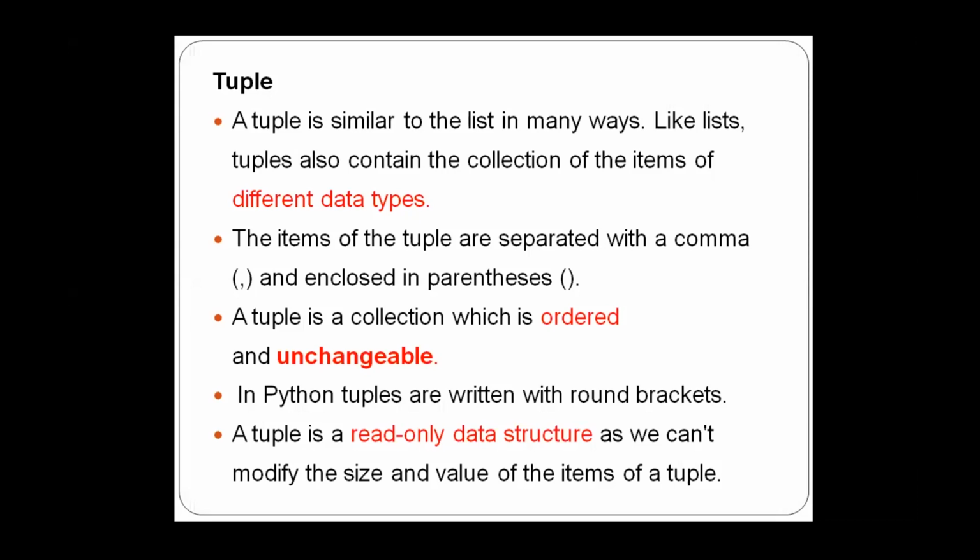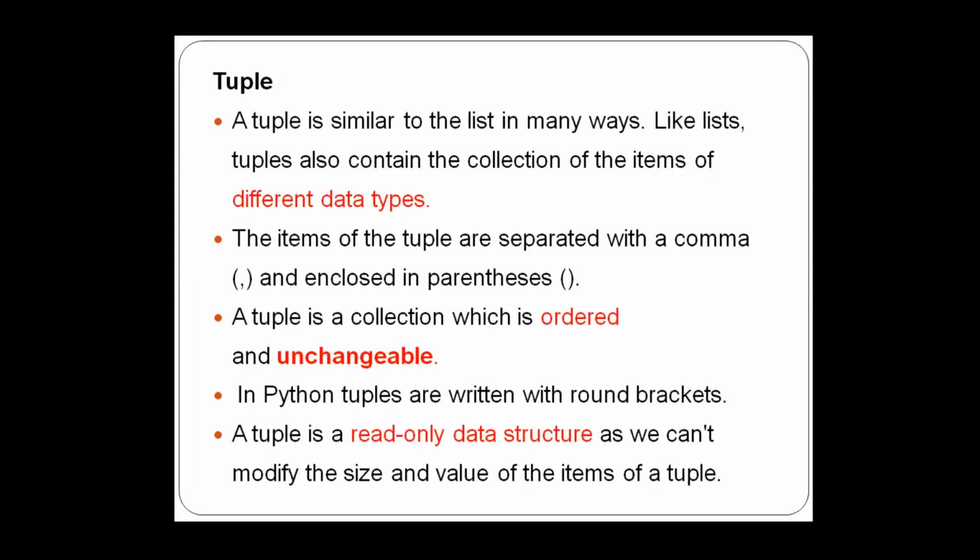So when you talk about tuples, they are very similar to a list, right? Because a tuple is again an ordered collection, and a tuple can have elements of different data types. A list is also ordered and can contain elements of different data types. The major difference between a list and a tuple is that a list is mutable and a tuple is immutable.